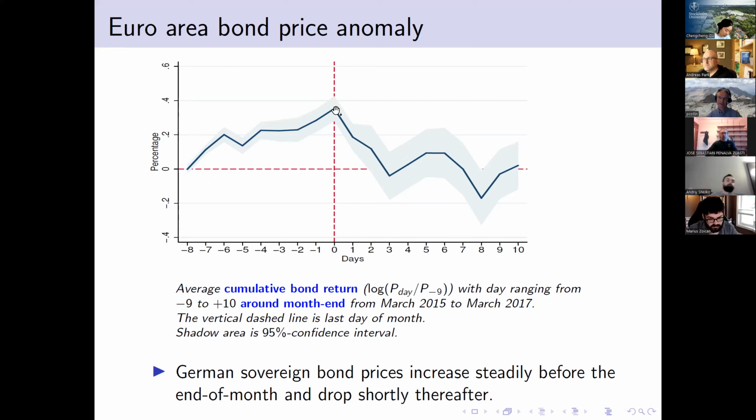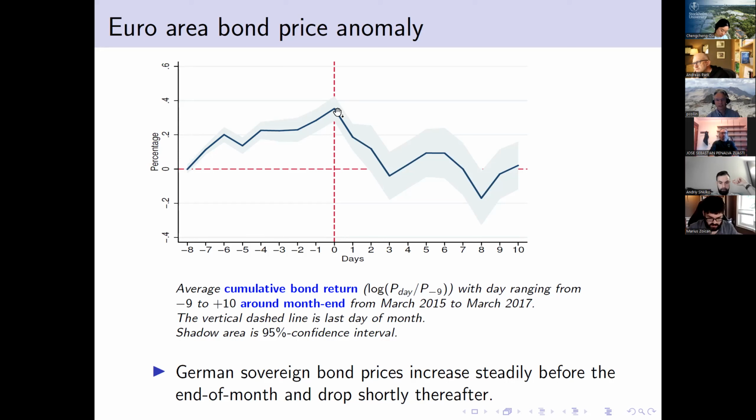Our interpretation, and I'm going to show you a small model and then a bunch of tests to try to convince you that this is what's going on, is that the design of the program commits or announces that the Eurosystem will buy a very large amount of bonds, 60 billion for a large part of the program per month, and is committed to buy this large chunk by month end.